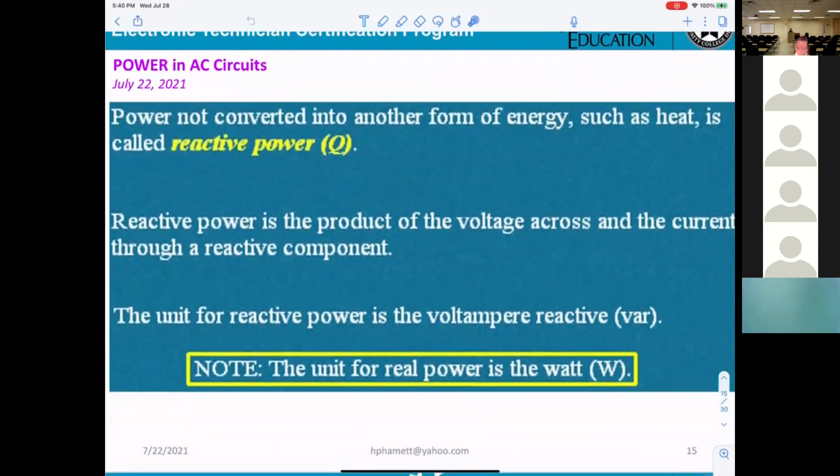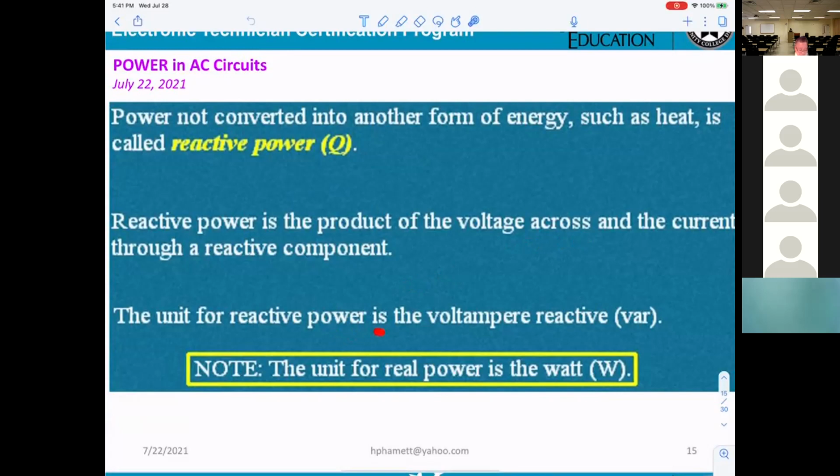Power not converted into another form of energy, such as heat, is called reactive power. Reactive power is denoted by Q. That will be the power in an inductor or capacitor. Reactive power is the product of the voltage across and the current through the reactive component.